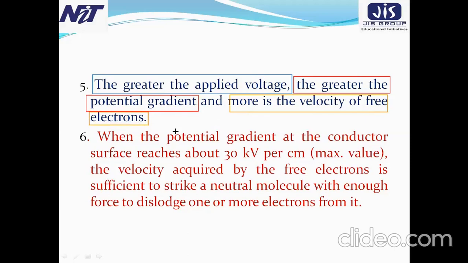Now in point 6, when the potential gradient at the conductor surface reaches up to 30 kV, this is the most important point.